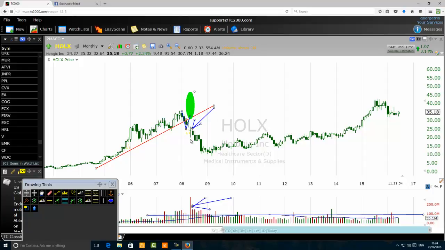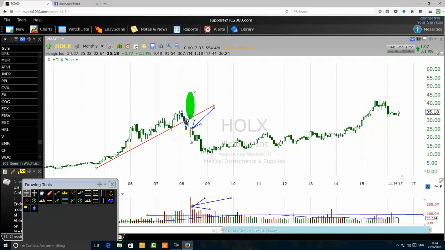In order to confirm whether we have a bullish trading setup or a bearish trading setup after a doji, the following candlestick bar is very important. We can see that after the price gap down, we have this doji here.